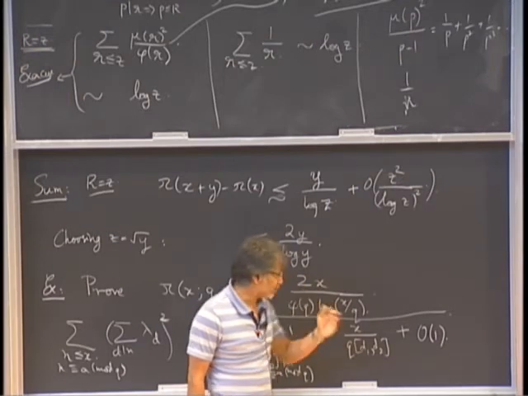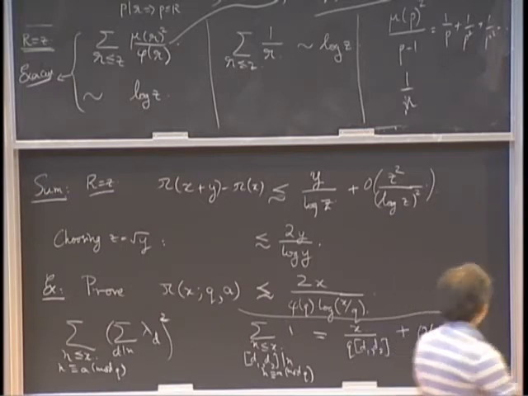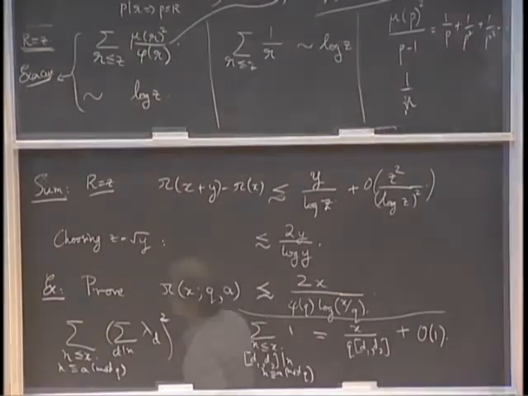Okay? So that's something to think through. Then the next thing for you to think through is that you can use this not just for counting the number of primes, which, once you understand the prime number theorem and primes in progressions, doesn't look so exciting.